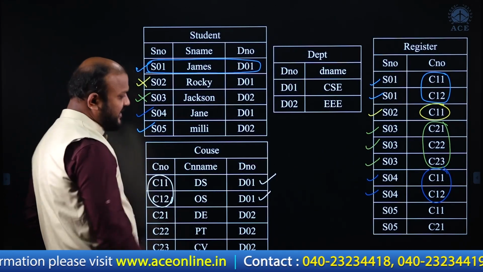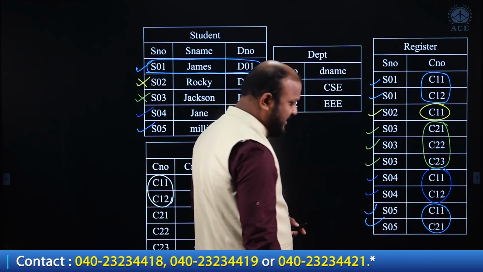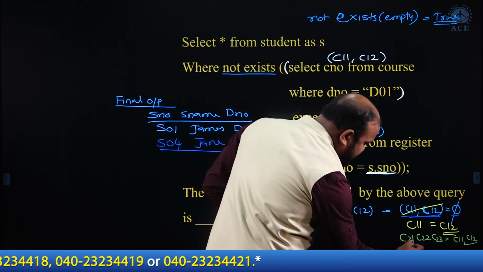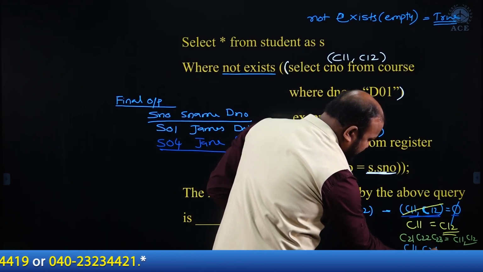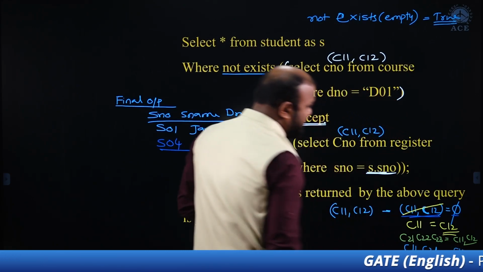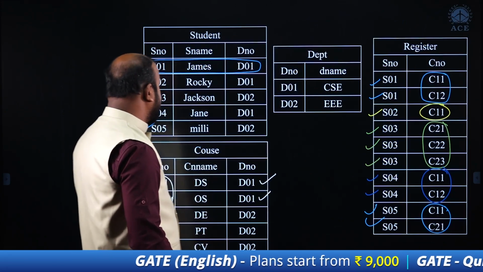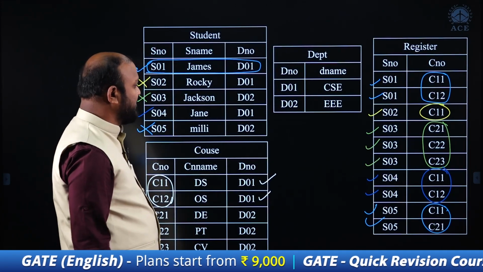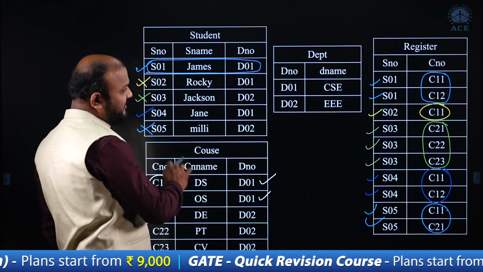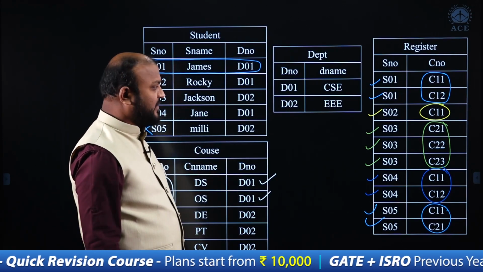Look at S05. S05 enrolled in C11, C21. Now, what is the output of the second query? C11, C21. What does it give you? C12 in the output. It means that when you have an output, not exists of output returns false. It is false for S05 also. So, for every student, we have verified the registration table for the second query output.